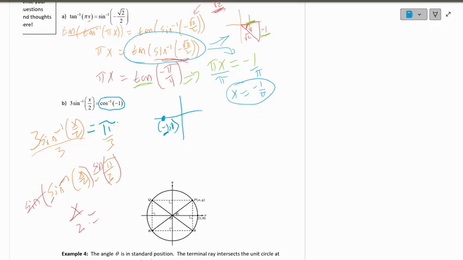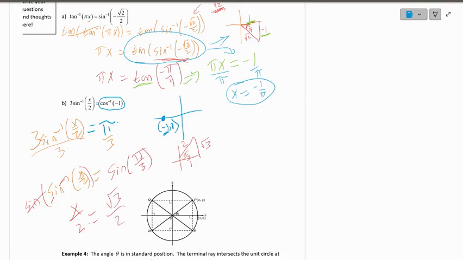This side, sine of pi over 3, which I'll rewrite because that's really ugly. Sine of pi over 3, well, that means I draw my pi thirds angle, draw the triangle. If that's pi thirds, we got root 3, 1, and 2. And sine is opposite over hypotenuse, so it's root 3 over 2.